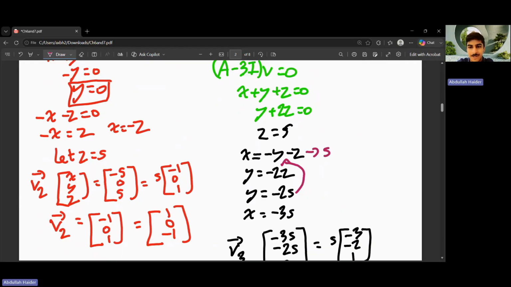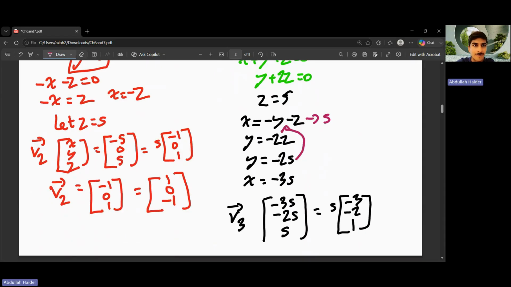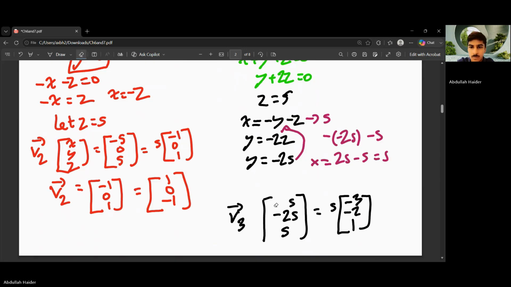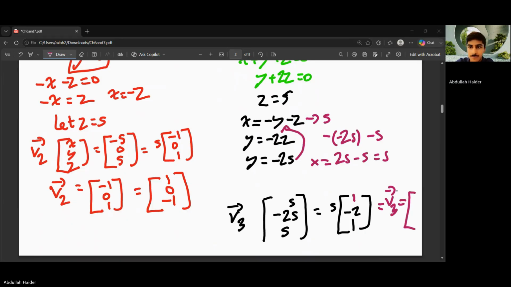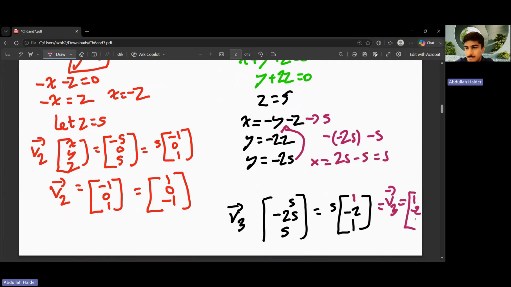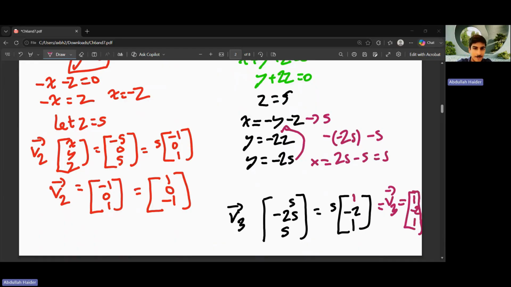Hold on, you get minus 2s minus s, which is... no wait, y is minus 2s, so x is minus y minus z, which is 2s minus s, which is s. So x is s. My bad. Meaning your eigenvector for lambda equals 3 is 1, minus 2, 1. This is your third eigenvector.